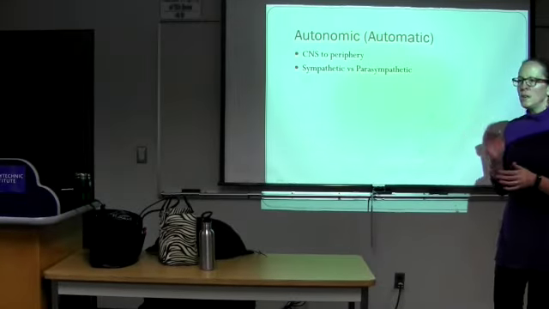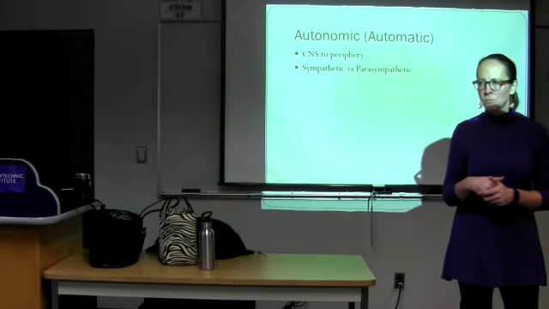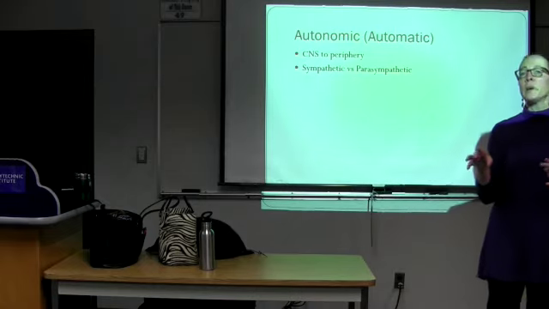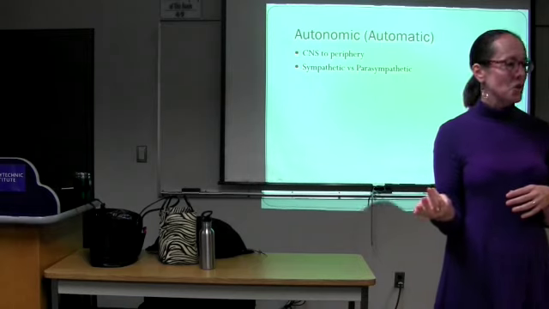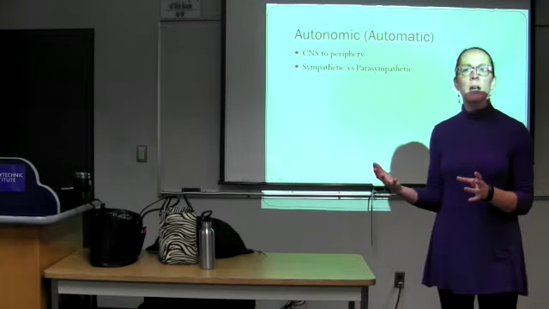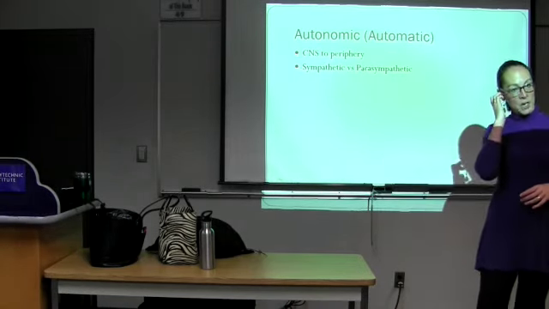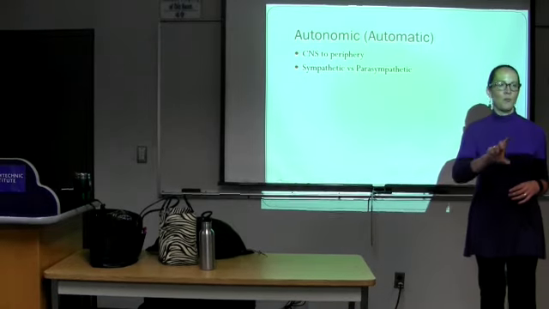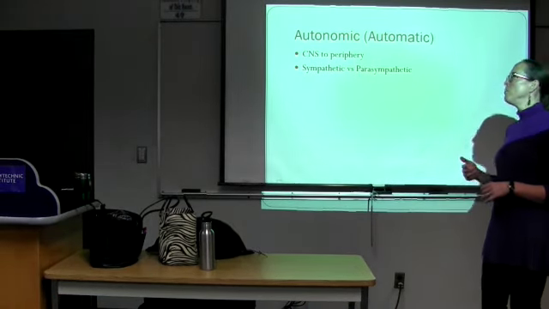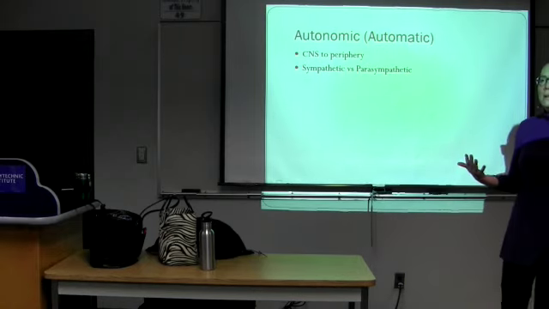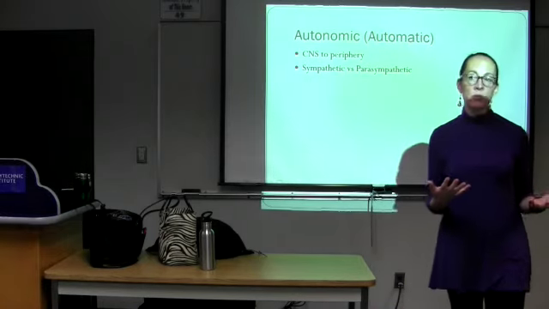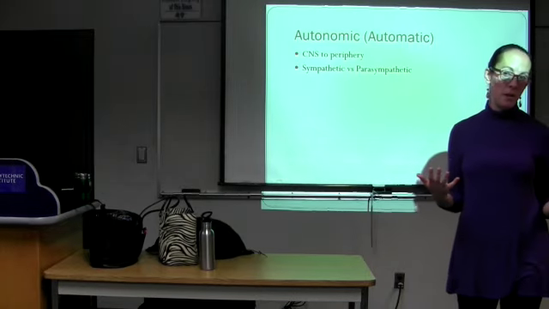Just a little thing to keep in mind is out in the periphery, we also have the sympathetic and parasympathetic nervous system. We have a complete lecture unto itself for that, but I just included a little introduction in this part of the peripheral nervous system for you, okay? So the autonomic nervous system, I always think of it as being automatic because it controls all those automatic functions in your body.